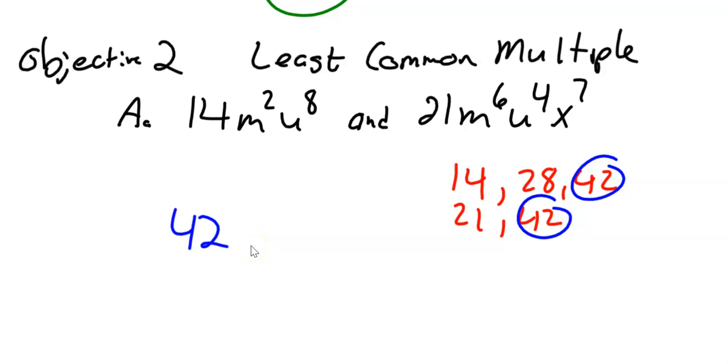The variables are the opposite of what we did for greatest common factor, because for greatest common factor, we found the factors of the numbers, and then we took the smallest power that any of the variables have. For least common multiples, it's the opposite. You pick the biggest power.